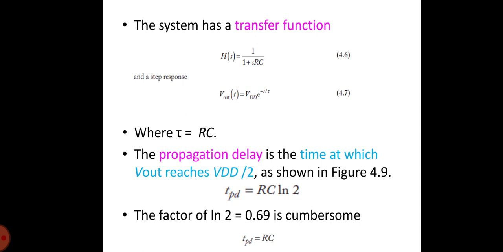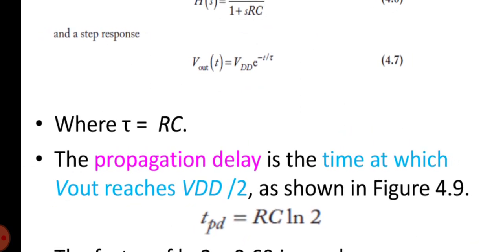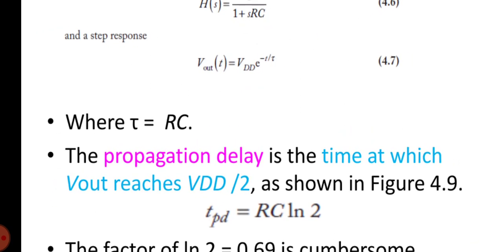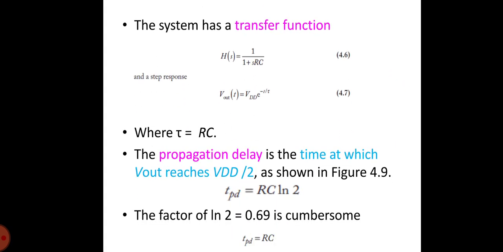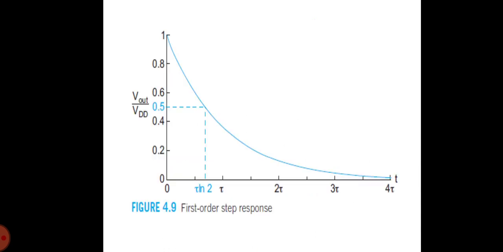The system has transfer function H(s) = 1/(1 + sRC), and the step response Vout(t) = VDD e^(-t/tau), where tau = RC. The propagation delay is the time at which Vout reaches VDD/2. So tpd = RC ln 2, and the factor ln 2 is equal to 0.69, which is cumbersome, so you can write tpd as about RC.